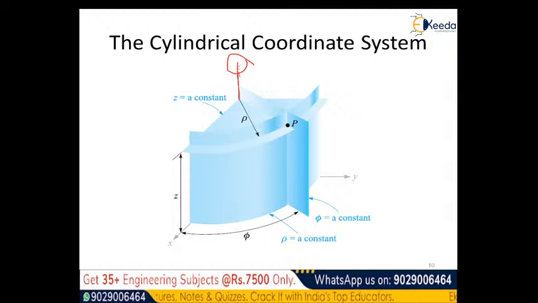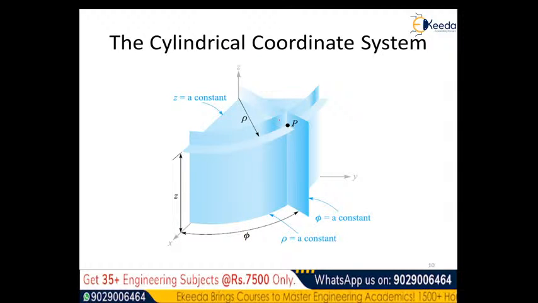This axis is vertically oriented, upwards are the positive values, downwards are the negative values, and in the middle we have z equal to 0. So this is basically the x-y plane, or z equal to 0 plane, which is horizontal in orientation.